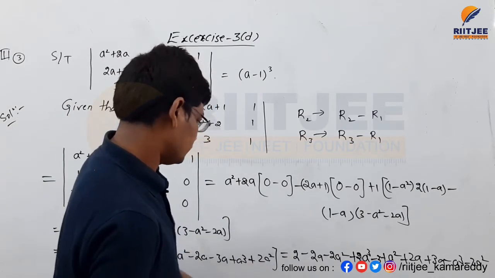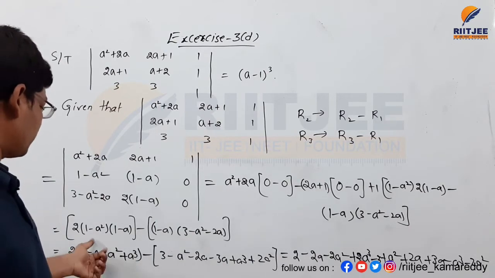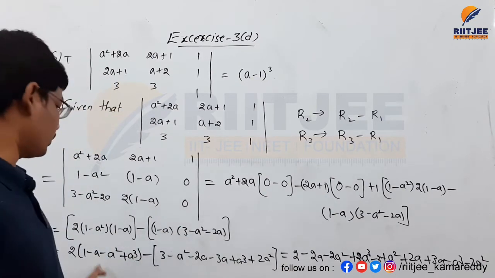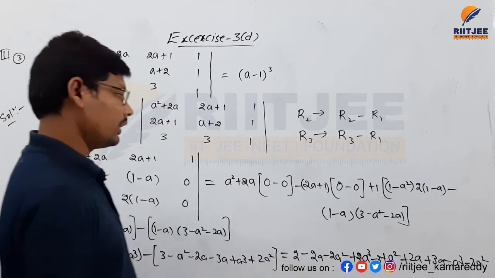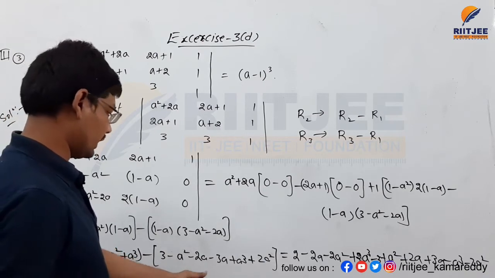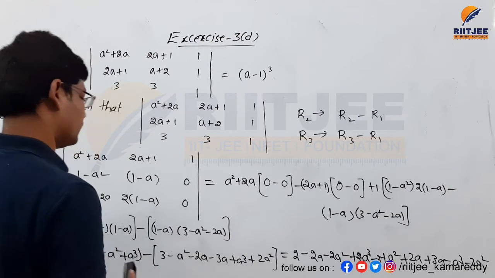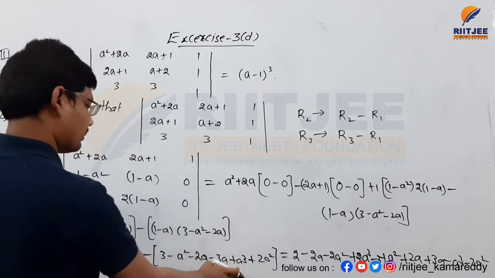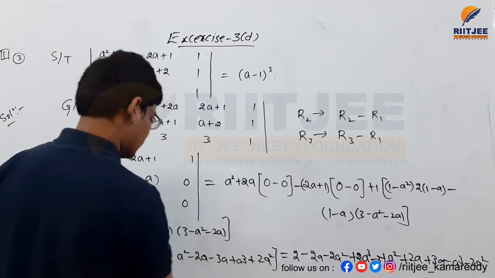Next 2 into a minus 2a, 1 minus a square plus a cube, fine. And 2 into a, 2 into minus 2a minus 2a square plus 2a cube, fine. And a cube, and here 1 minus 3, 2a, this is 2a, and 3 here, this is minus 3a minus a cube, minus into minus becomes plus a cube, here minus into minus becomes plus 2a square.